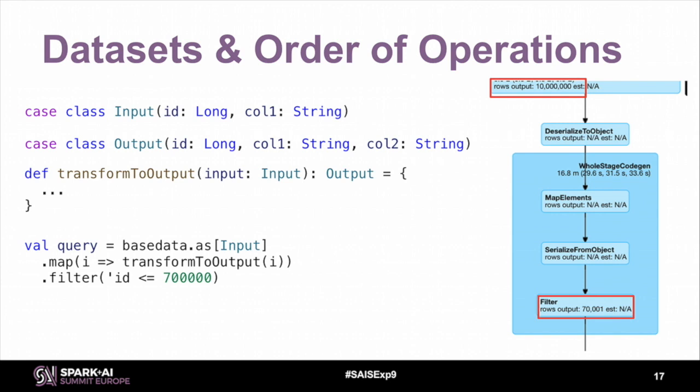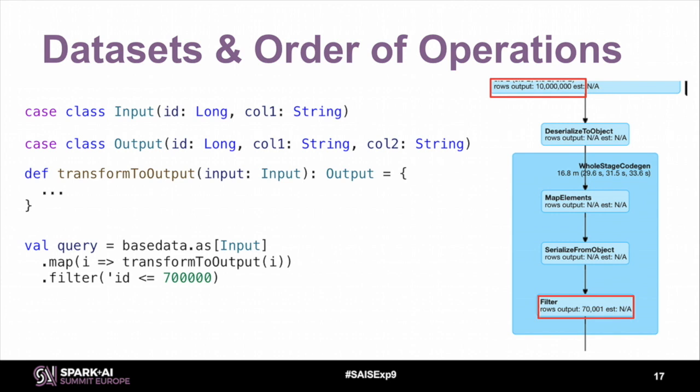We load this data set, convert it to a data set of the input case class, apply our map operation, and then filter on a column within the source Parquet data set. The assumption would be, like I talked about earlier, that you can use predicate pushdown and filter the data set as it's getting read in from storage.